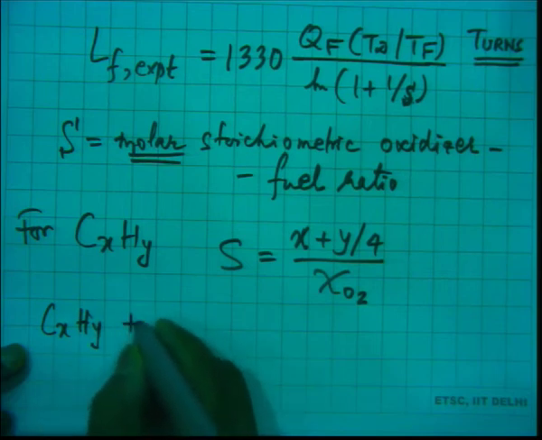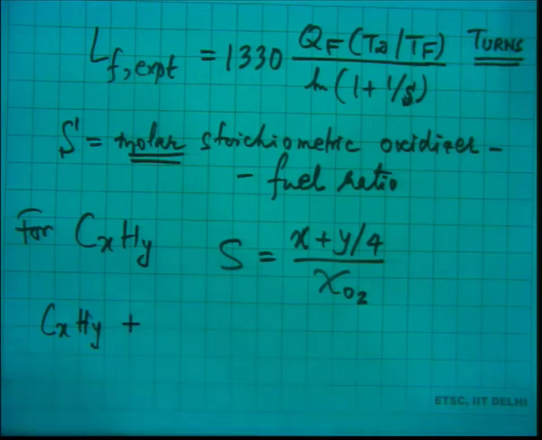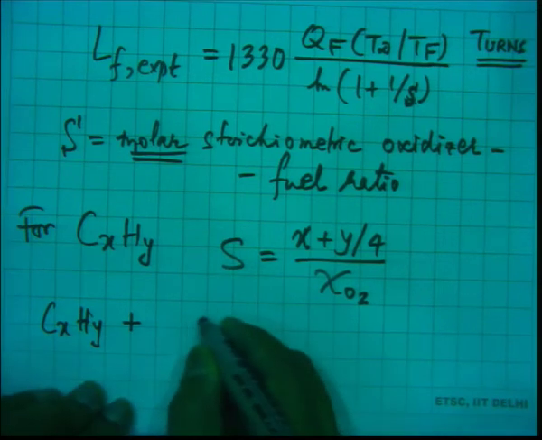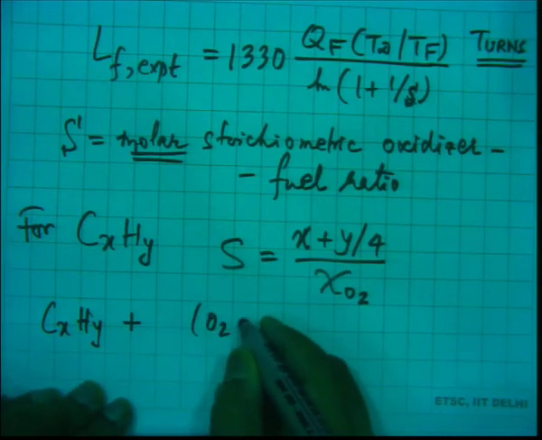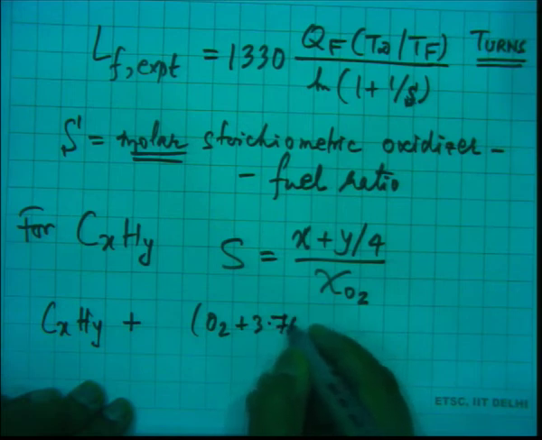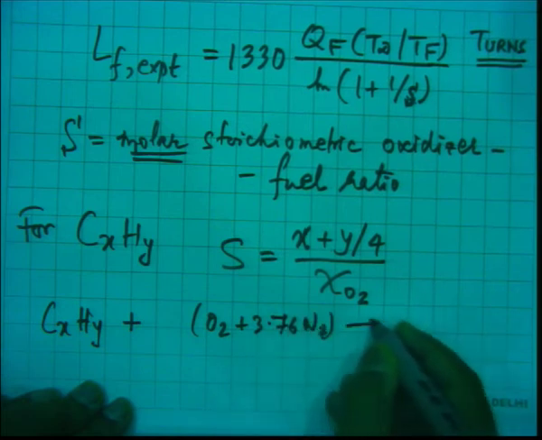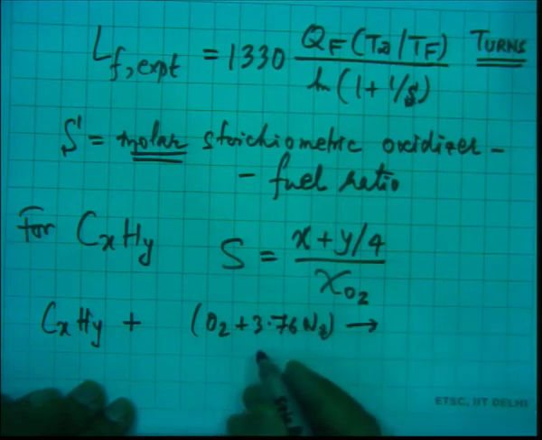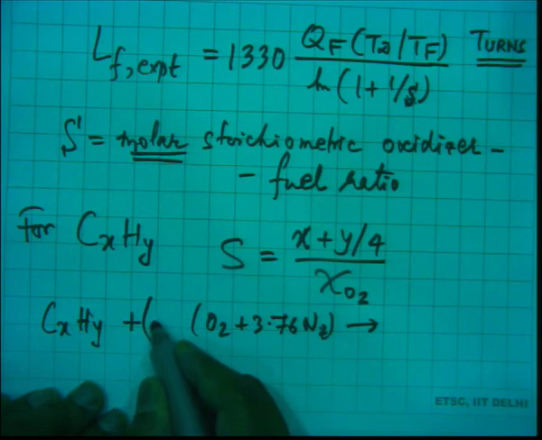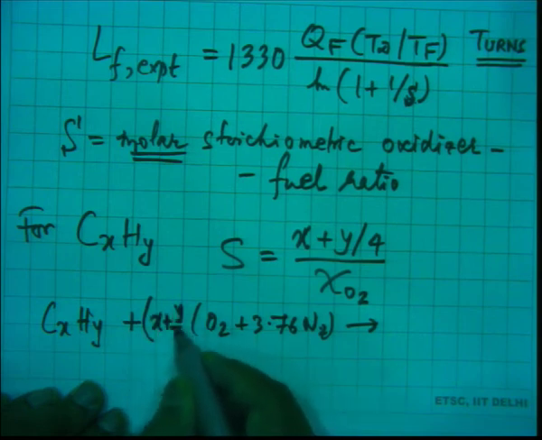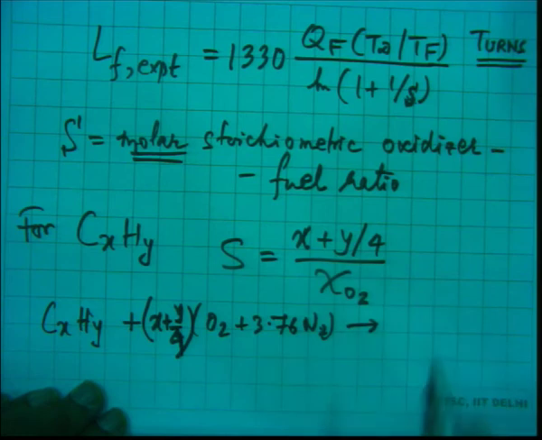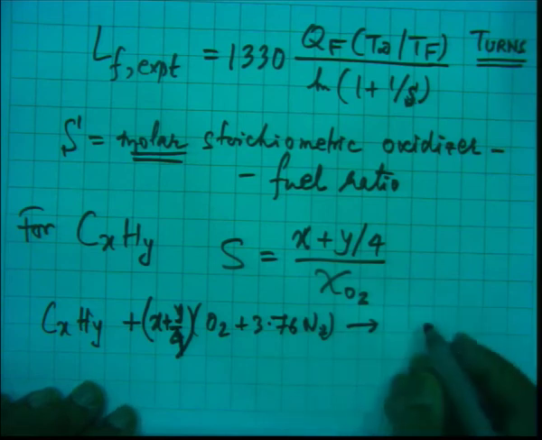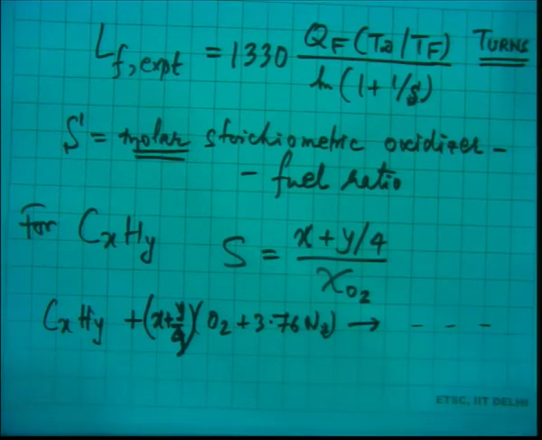C_XH_Y plus, if you write here, O2 plus 3.76 N2. So, what do we write here? x plus y by 4, isn't it? That same thing has appeared here, and that gives you products, right.